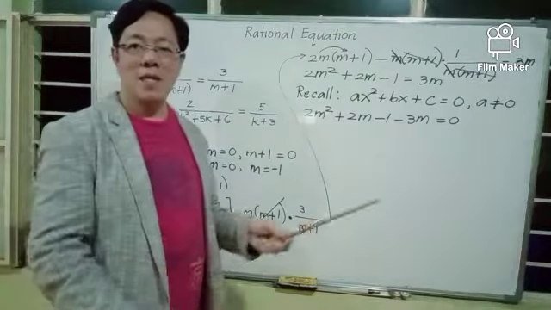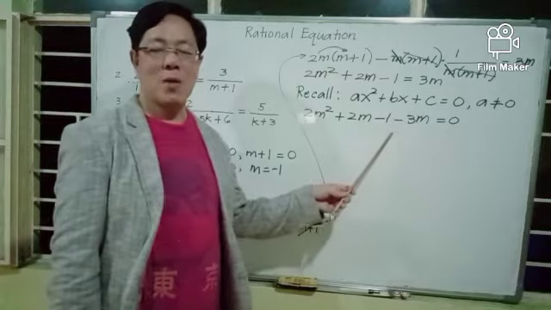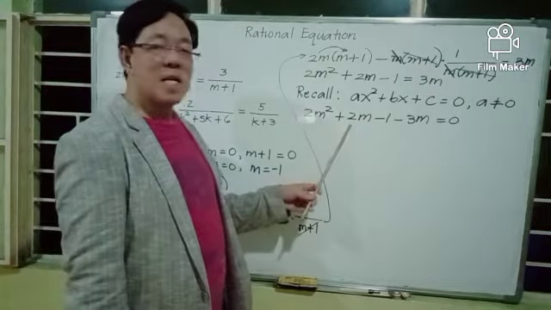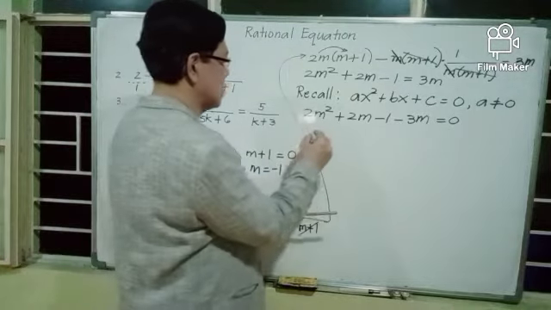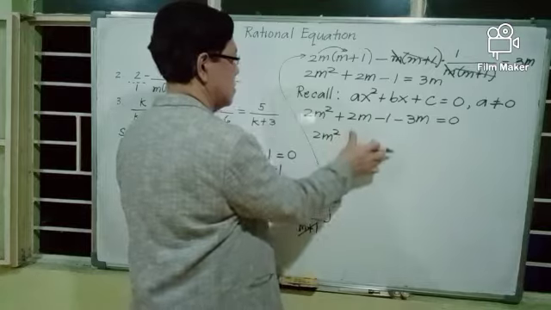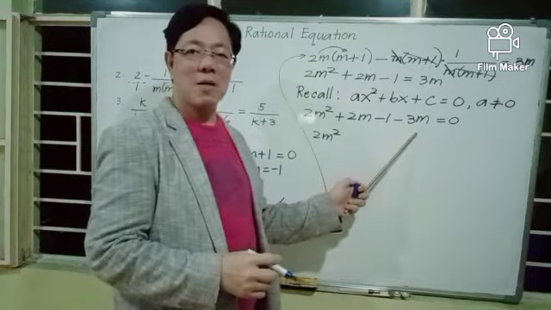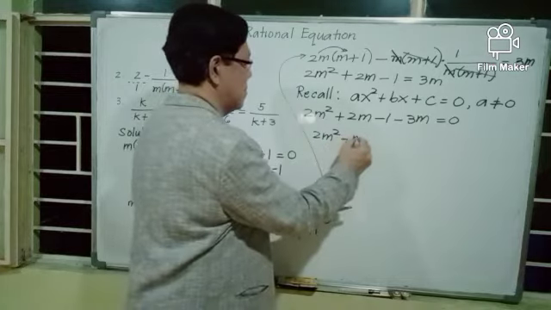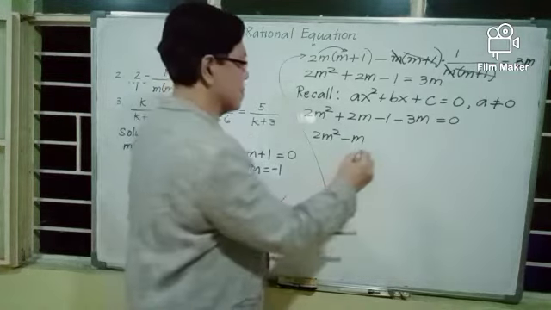And we combine like terms or similar terms. 2m and minus 3m are like terms, so they can be combined. We have 2m squared, and 2m minus 3m is minus m, minus 1 equals 0.